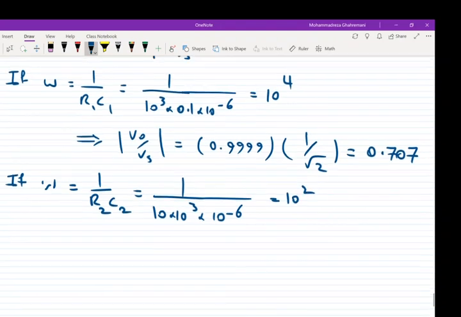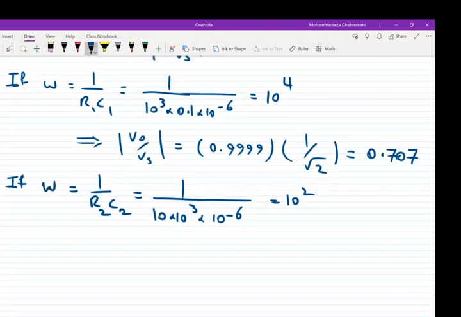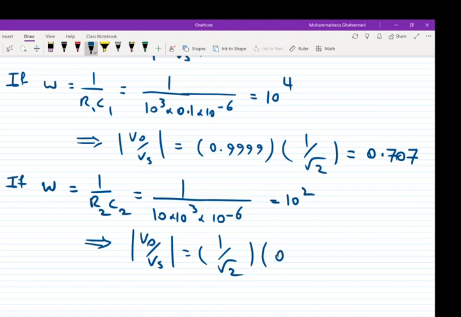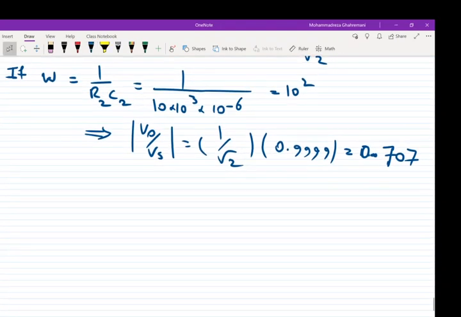Okay, if omega is equal to 10 to the power of 2, as a result, Vo over Vs will be equal to 1 over square root of 2 times 0.9999, which is almost equal to 0.707. Okay, so these two are cutoff frequencies.